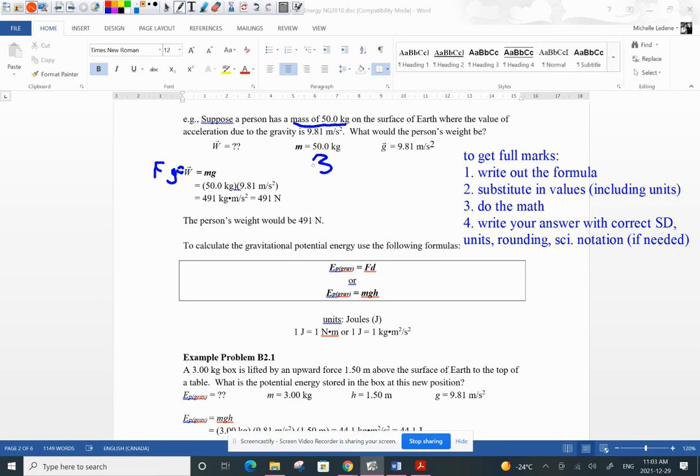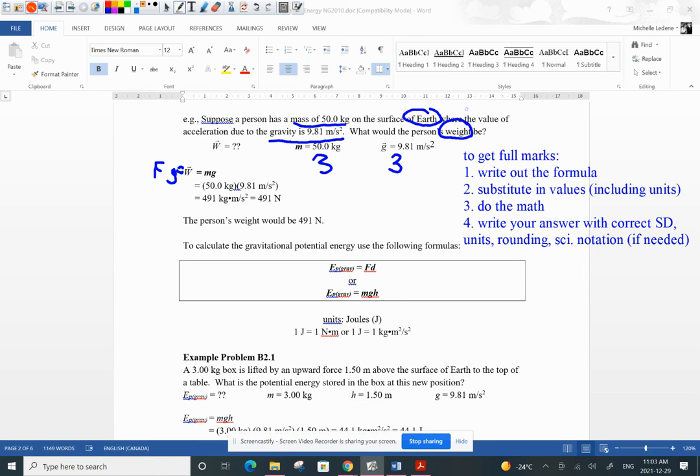And we are on Earth, and so because we're on Earth, we know the acceleration due to gravity, that's in our data booklet. This is also 3 significant digits. What would the person's weight be? Well, the weight or the force of gravity is equal to mg. We look that up, we write it out.